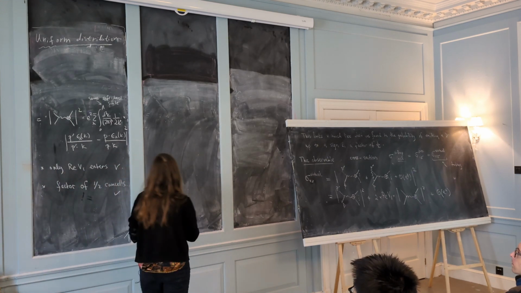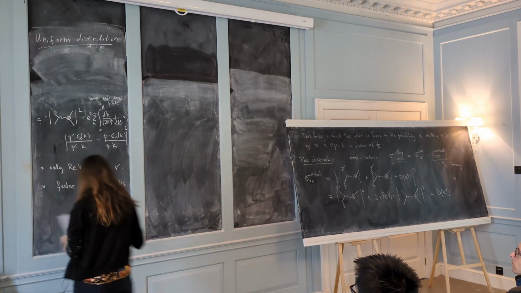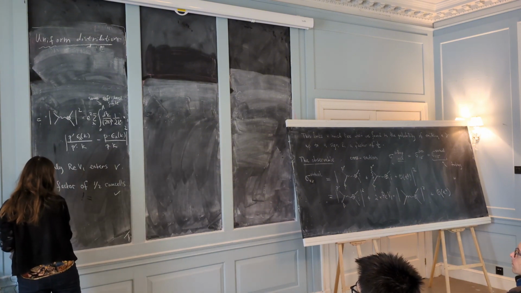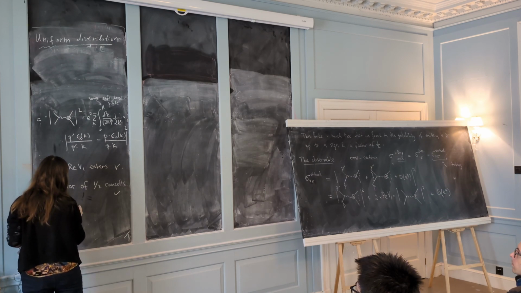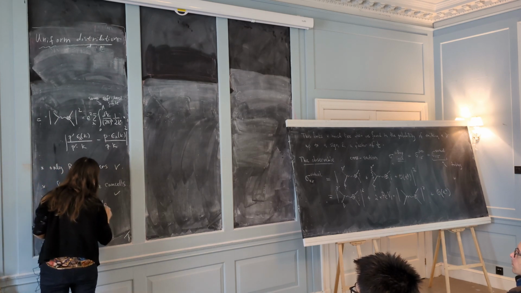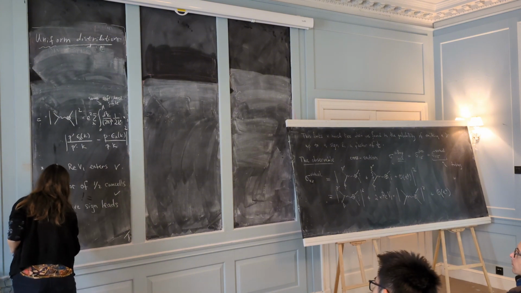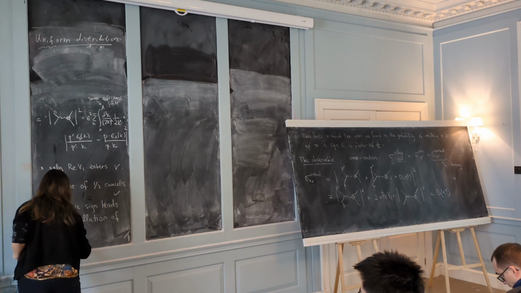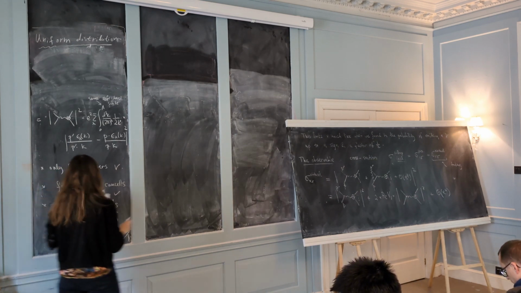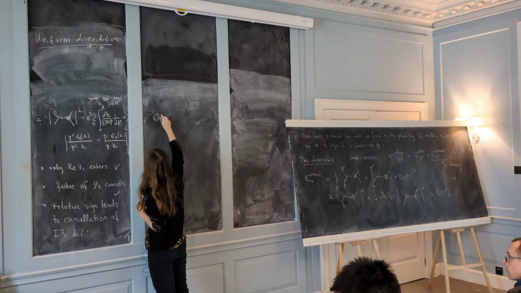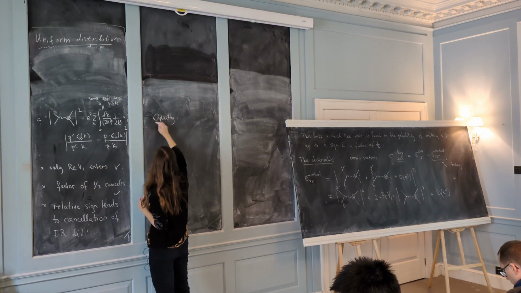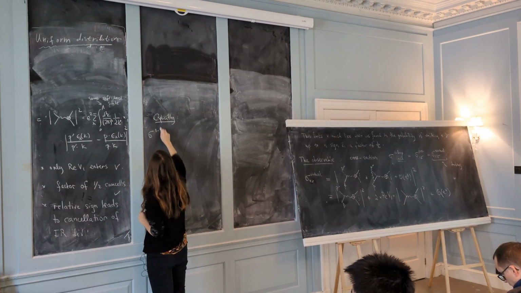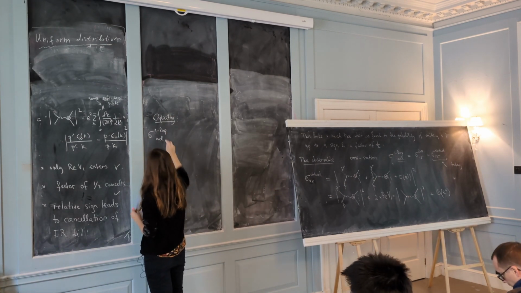So putting everything together, explicitly, we have the one loop inclusive cross section.